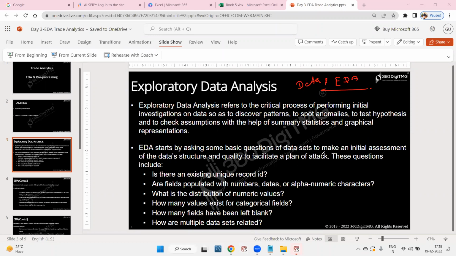Okay, fine. So let's quickly see, what is the importance of data pre-processing first of all? The data has been collected from different sources, right? We used to say primary data sources as well as secondary data sources.